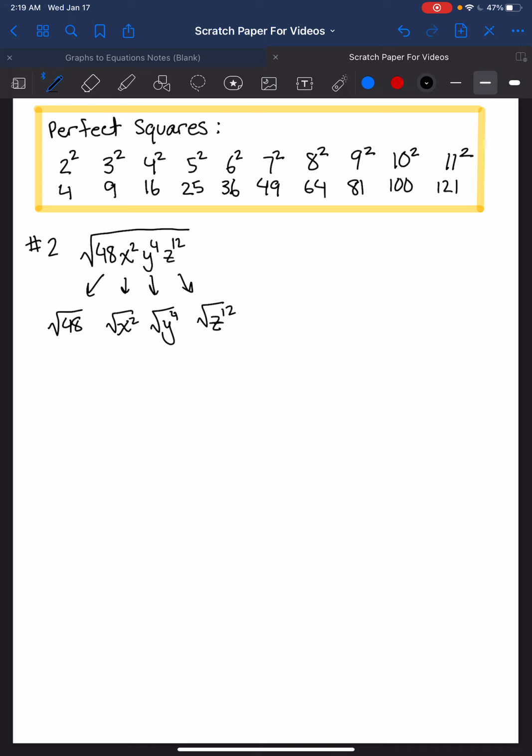All right, let's tackle the number first. Now, 48 is not a perfect square we see on our list. It's not in there. So what you want to do is find the largest perfect square that you can divide 48 by. So obviously we're going to start with 36 because 49 is too large. And I'm going to go down the list till I find the one that does divide into 48.